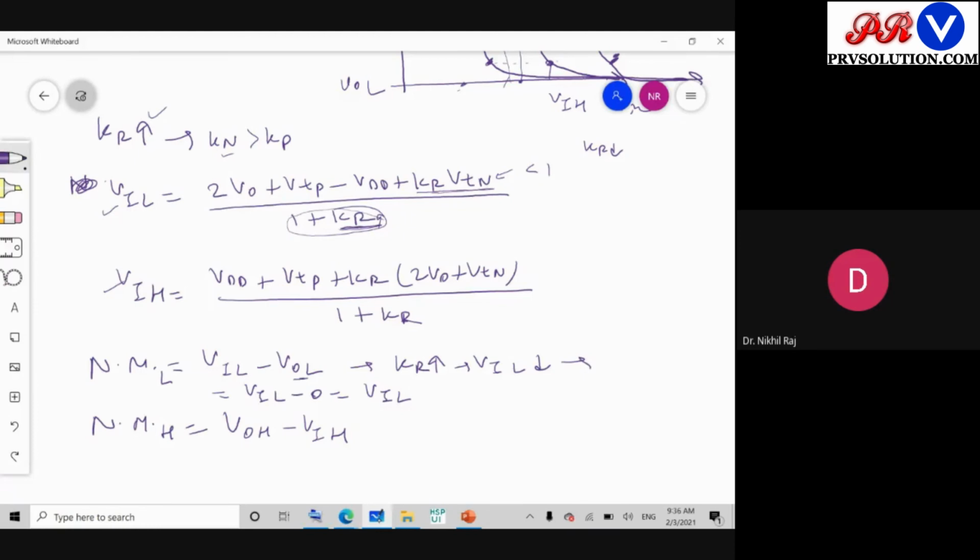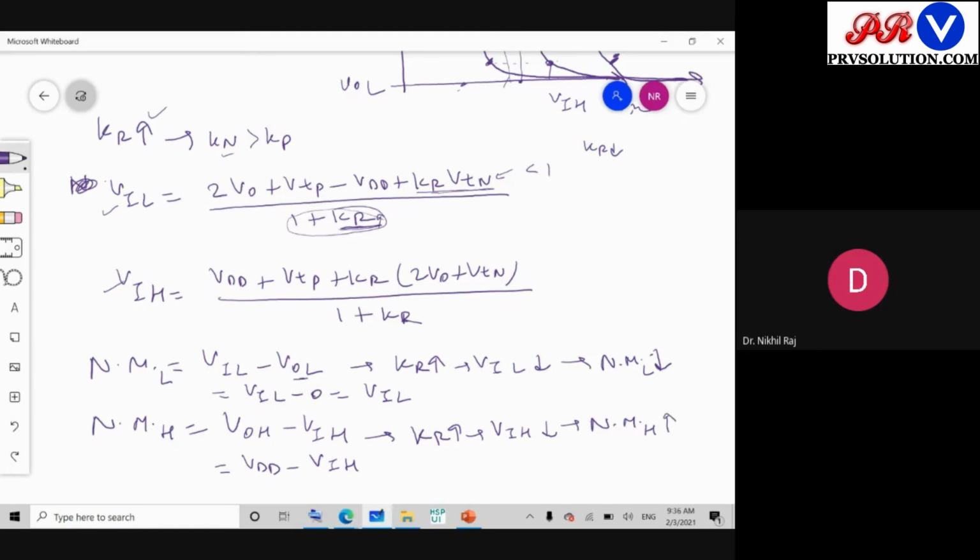So my low noise margin will decrease, whereas the high noise margin is VDD minus VIH. If KR is increased, my VIH decreases, and due to this will NMH increase or decrease?